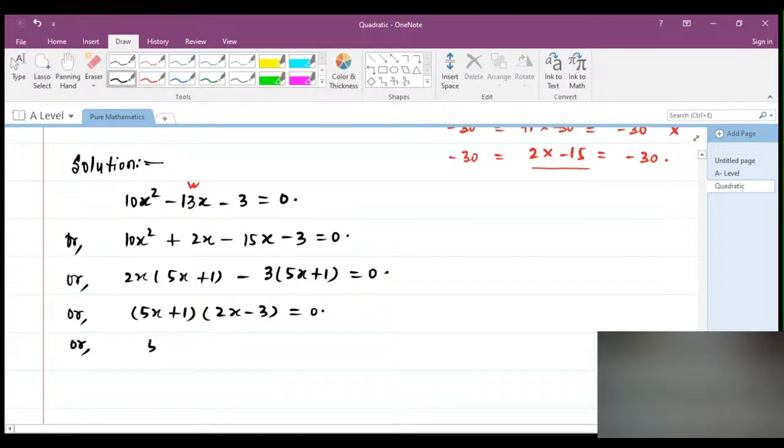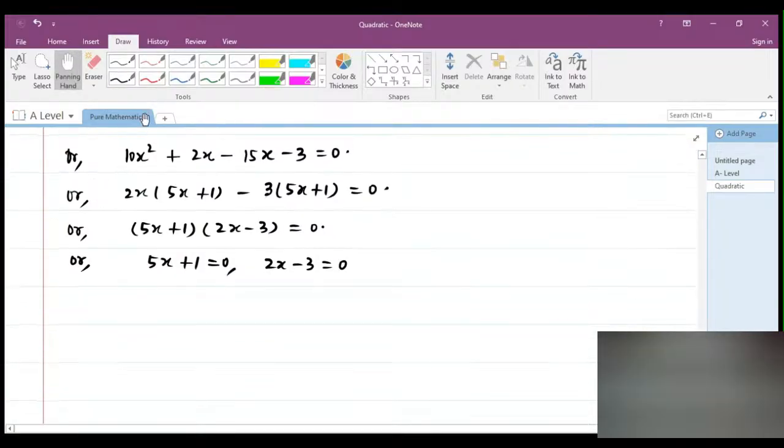So here will be 5x plus 1 equal to 0 and 2x minus 3 equal to 0. So the next step will be therefore x equal to minus 1 by 5 and x equal to 3 by 2.